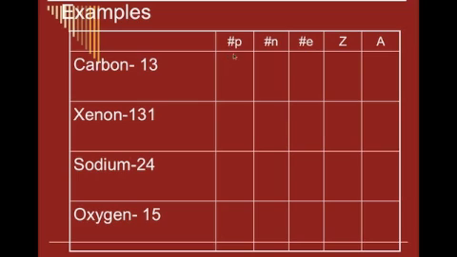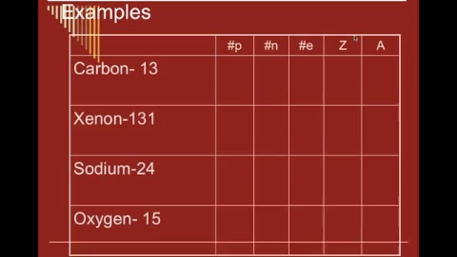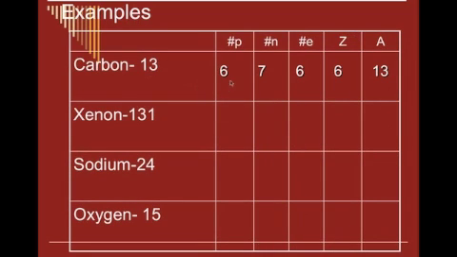That also corresponds with the number of protons, and protons equal electrons. Then all we have to do to find the neutrons is take the mass number minus the atomic number. So 13 minus 6, and we get 7. So our answer should be 6 protons, 7 neutrons, 6 electrons, atomic number of 6, mass number of 13.